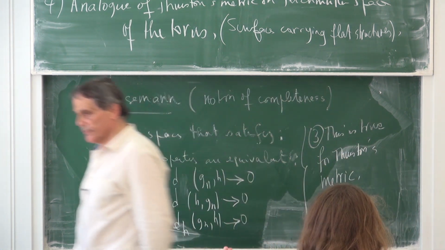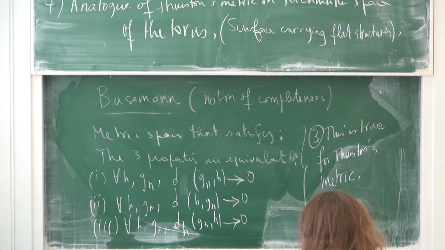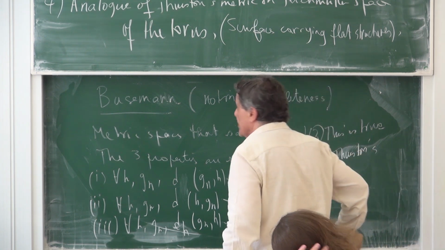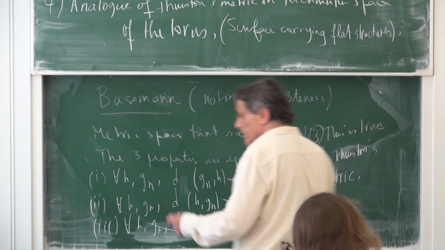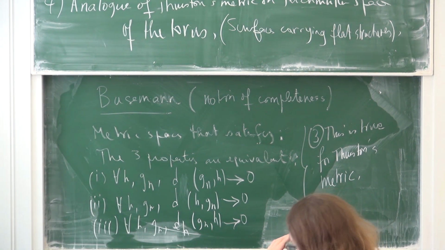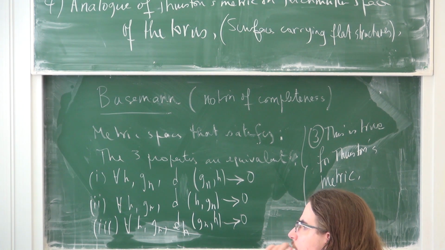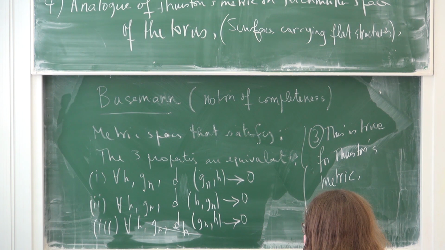This is true for Thurston's metric, and then you can use the usual notion of completeness, saying that when you have a Cauchy sequence, then any Cauchy sequence has a limit in the space, and then the convergence is for anyone.